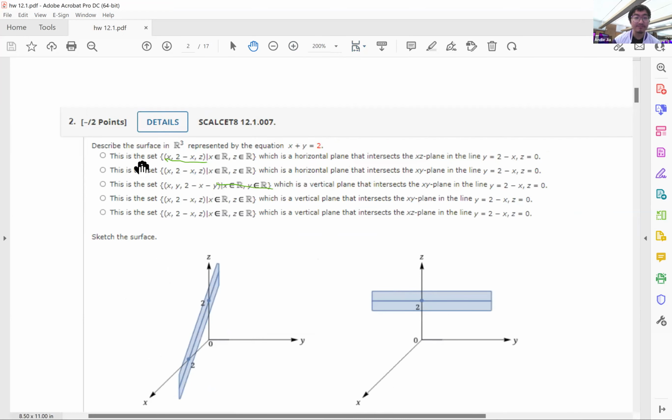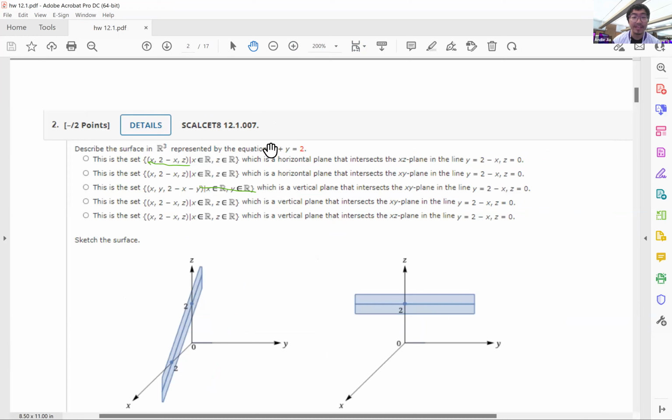Now we have to describe the surface in R3 represented by the equation x plus y equals 2. In R3 we have x, y, z axes, but here we have only x and y. If there's a missing z, then z is 0, and the surface is on the z plane.